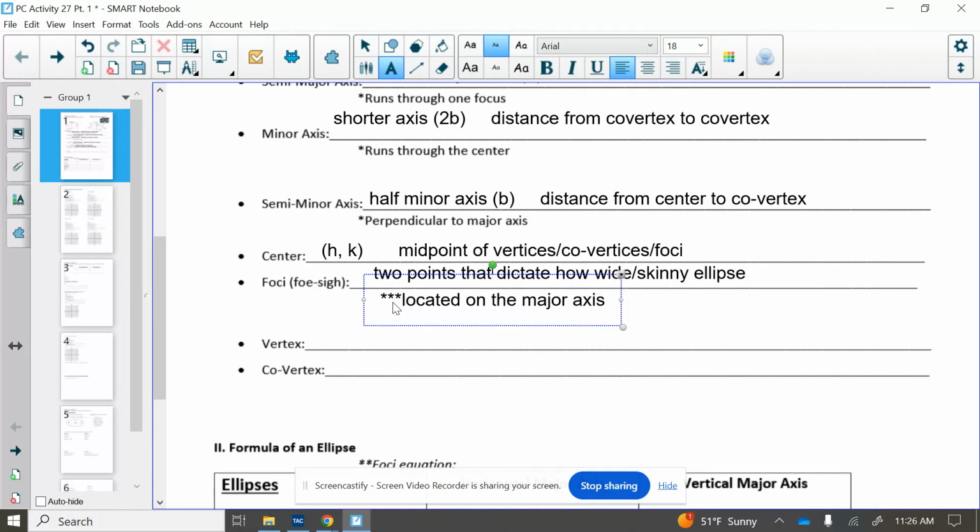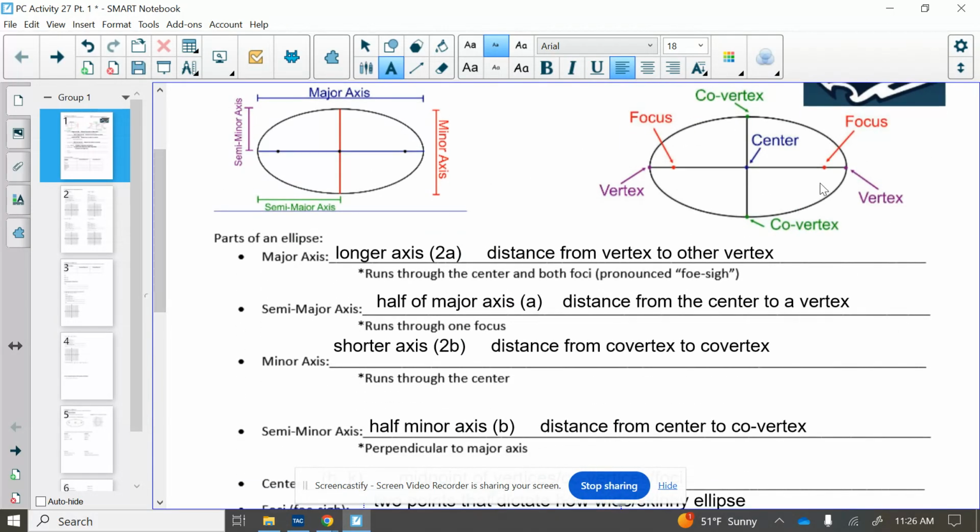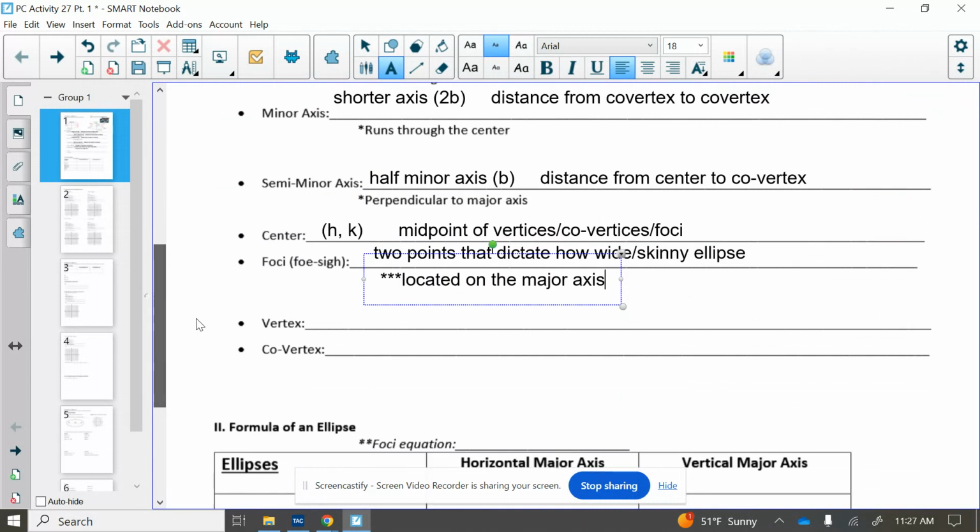They will be inside of the vertices. So you notice in this example, we have our 2 foci, or one singular focus, and they're located on that major axis, always with the vertex. Speaking of the vertex again, the vertices are going to be the endpoints of the major axis. Co-vertices are going to be the endpoints of the minor axis.